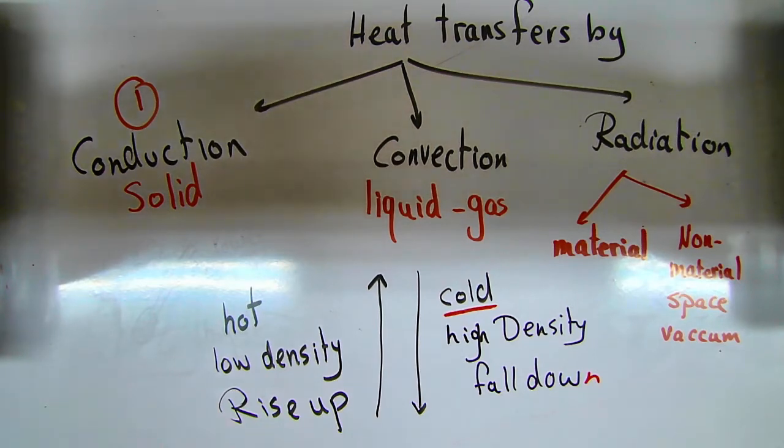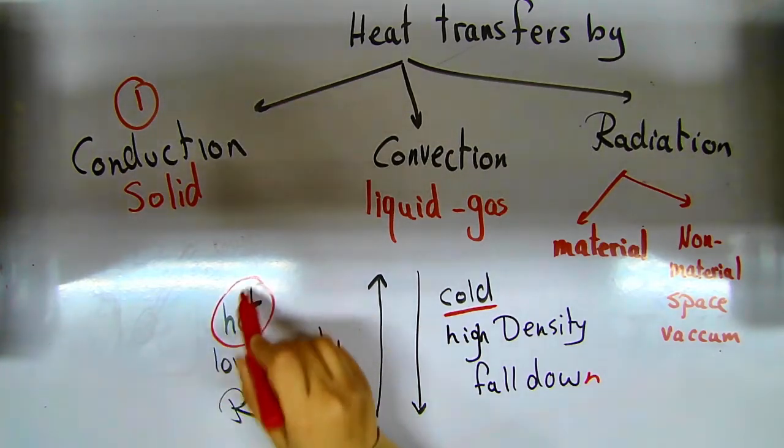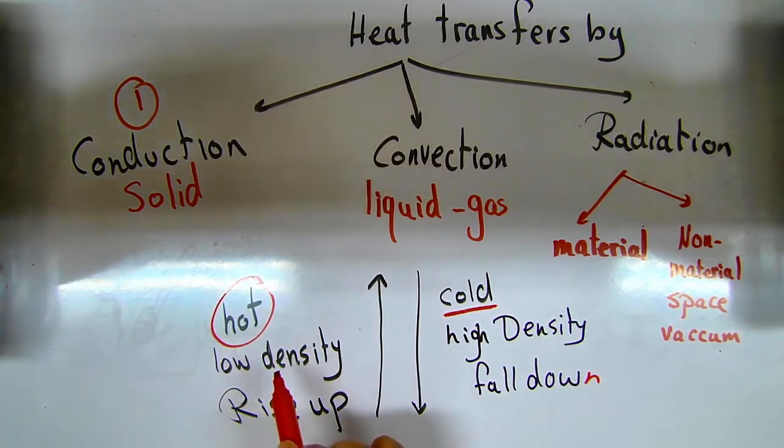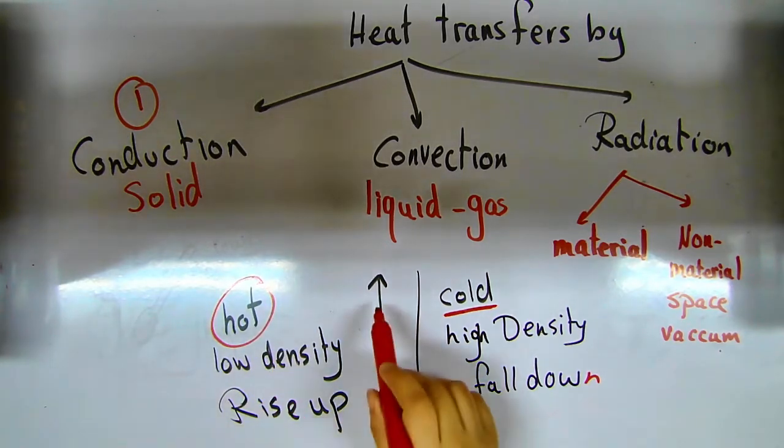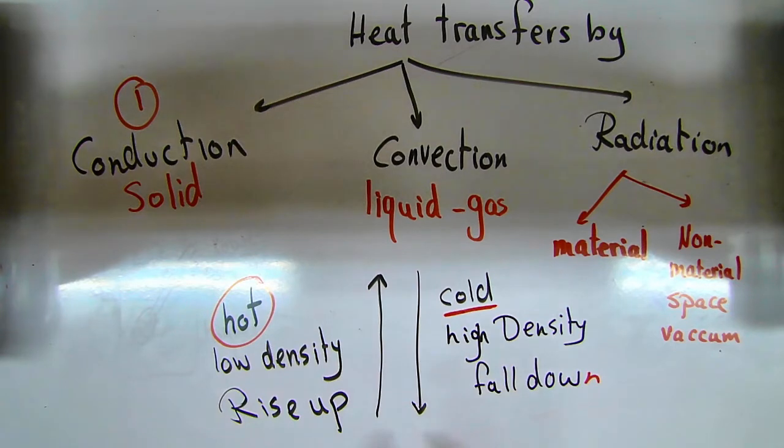Heat transfer by convection is a transfer of heat in gas and liquid, where hot molecules which have less density will rise up, and the cold molecules which have more density will fall down. Life applications of convection are like the fridge, the air conditioner and the electric heater.